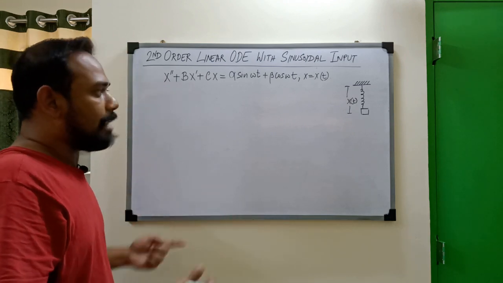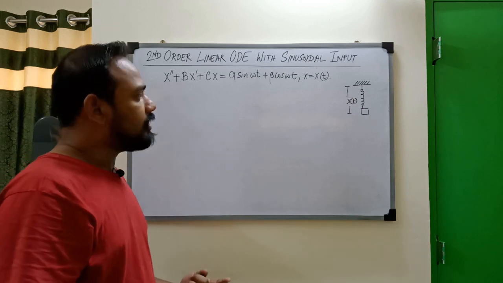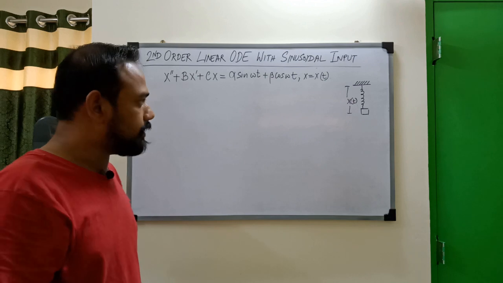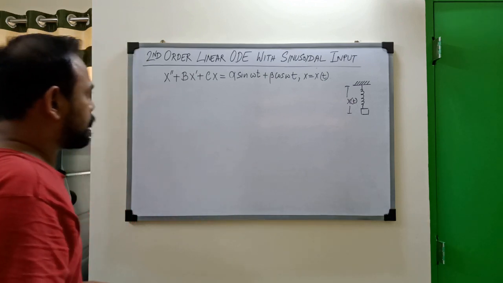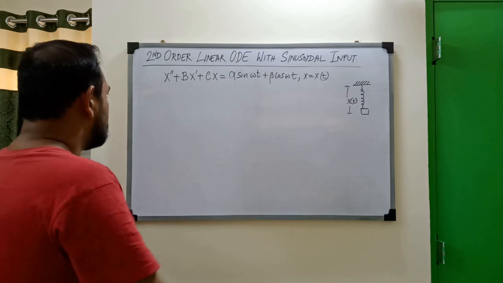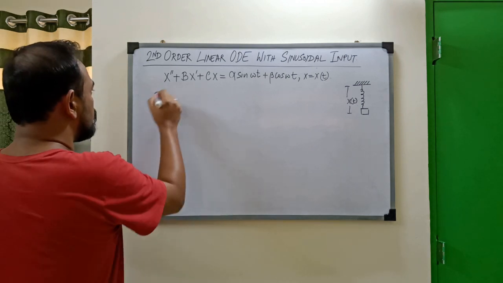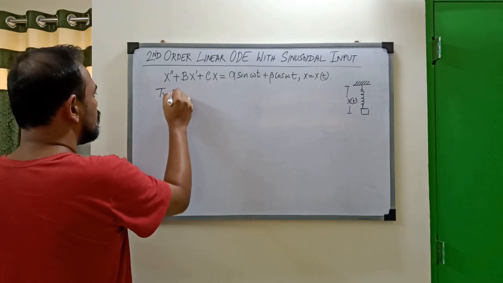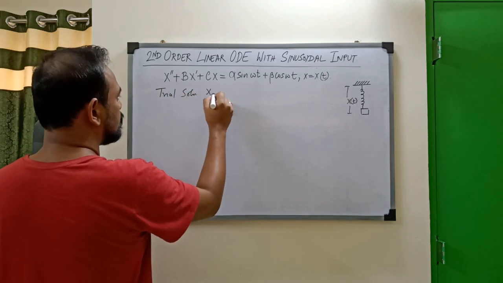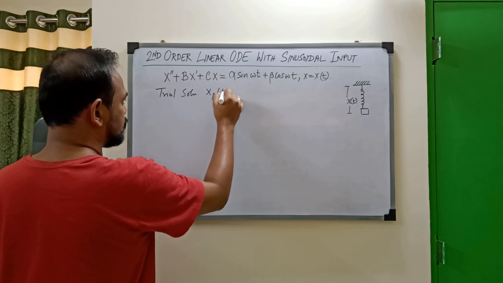Either it is underdamping, overdamping, critical damping, or undamped vibrations. Those are the four possible options. So we always know what the complementary function is going to be. But for now, we have to guess a trial solution for the particular solution of this differential equation.